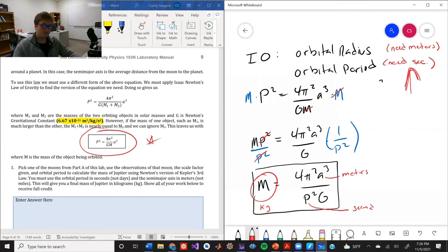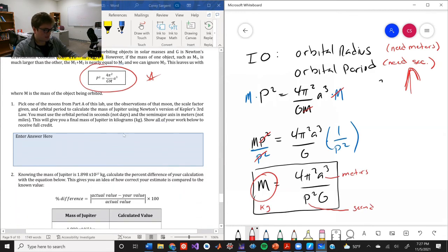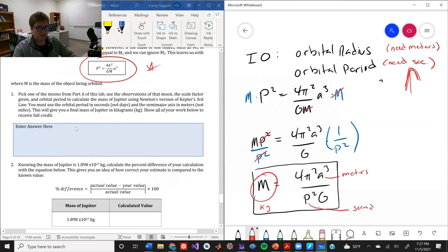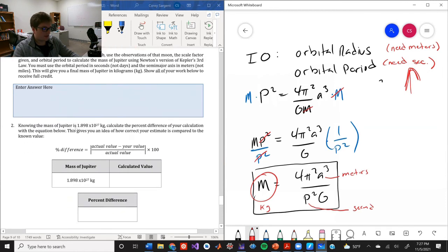You can look at previous labs if you need a refresher of how to do conversions like that. We've done it plenty of times. In this case, we're going to find a really large mass for Jupiter, and it should be pretty close. You should definitely get the same magnitude, something times 10 to the 27th. Magnitude is just the size of the number I'm referring to.